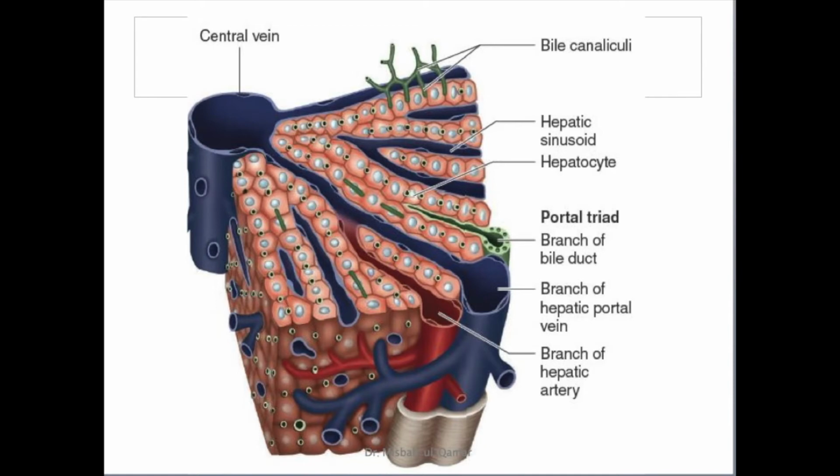Hepatic sinusoids lie between the hepatic plates. Blood flows from portal venules and arterioles to sinusoids and then into the central vein. And that is how hepatic cells are exposed continuously to portal venous blood.